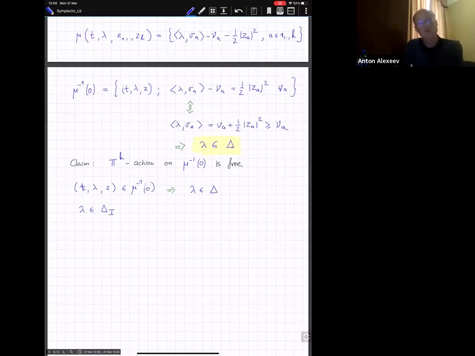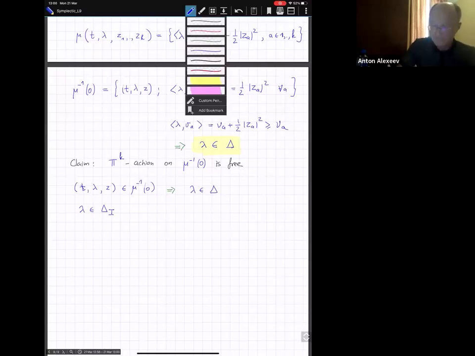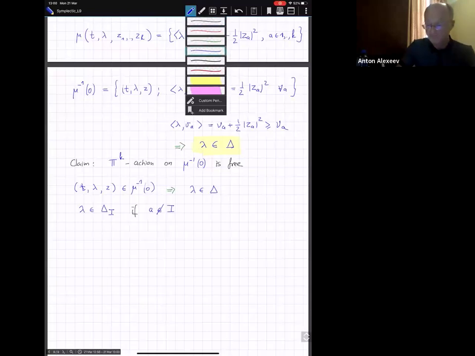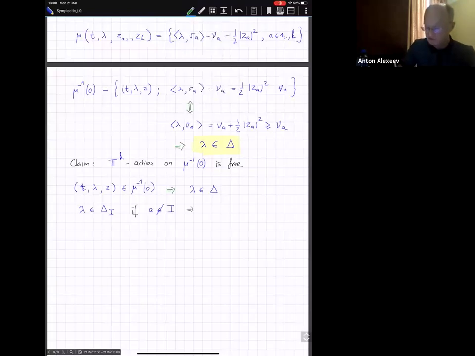So lambda is in some particular delta I. So now if A is not in the subset I, then this means that lambda VA minus nu A is strictly bigger than 0, right? And this means that ZA is non-zero.